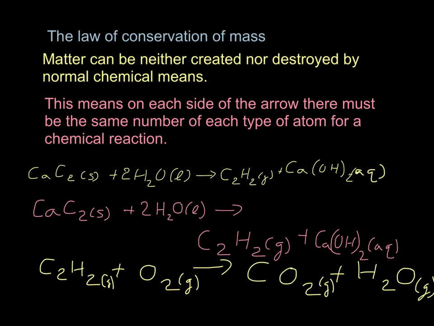Coefficients are what allow us to obey the law of conservation of mass. The law of conservation of mass says that matter can be neither created nor destroyed by normal chemical means. In the context of a chemical reaction, that means on each side of the arrow there must be the same number of each type of atom.